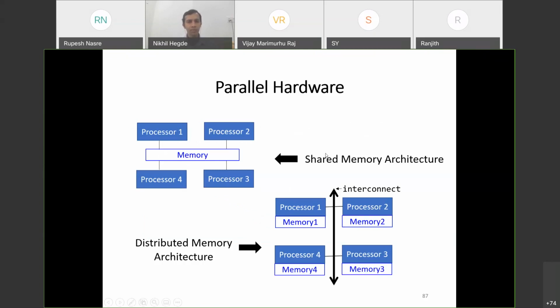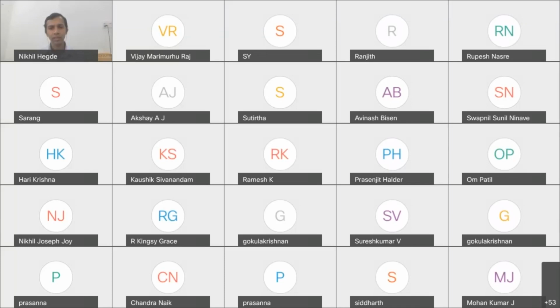Take that with a pinch of salt, because you can also have non-uniform memory access, and that is also part of shared memory architecture. But the common ones are where memory is visible to all the processors in a uniform way. And in distributed memory architecture, you have multiple processors, and each processor has its own private memory. These processors are connected to each other with the help of an interconnect.